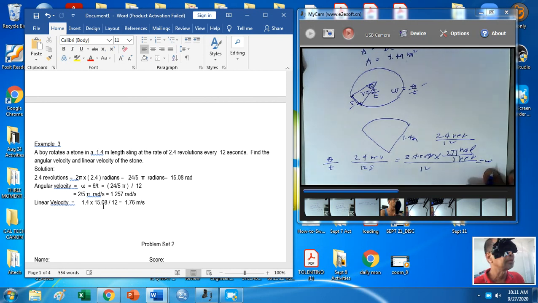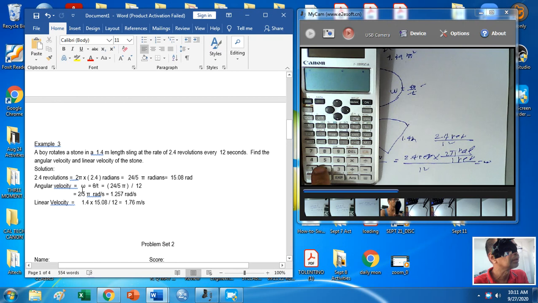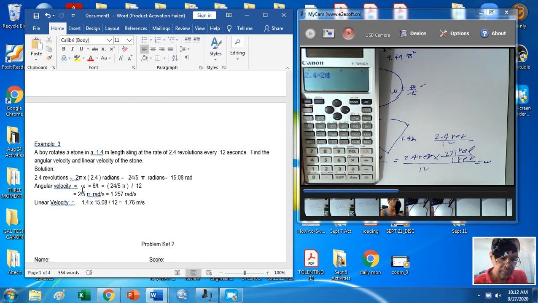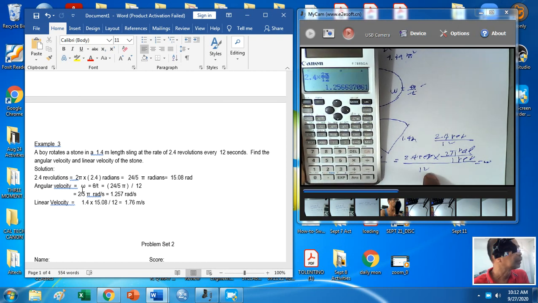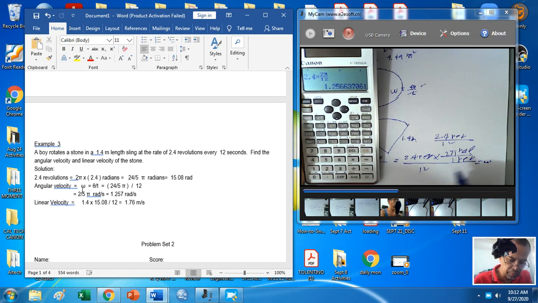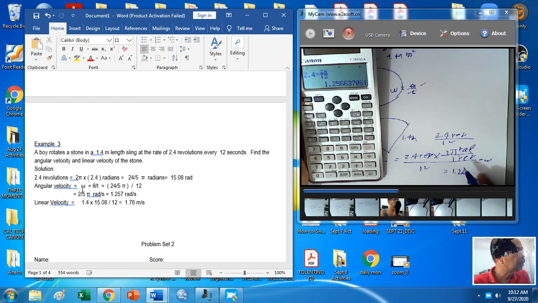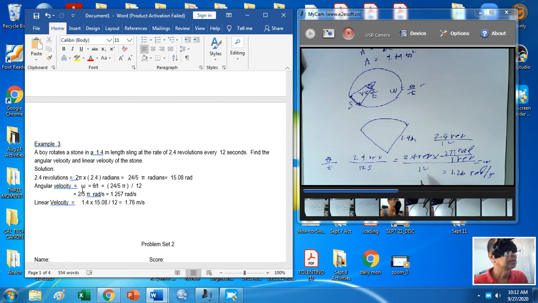So, just compute that: 2.4 times 2 pi divided by 12. That gives you 1.257 or 1.26 radians per second.